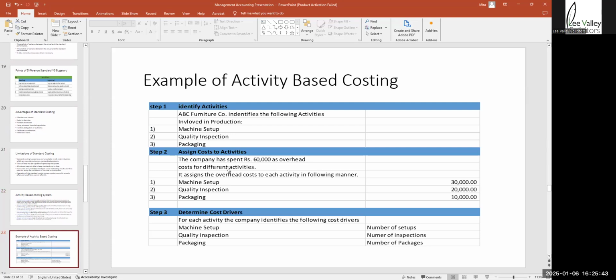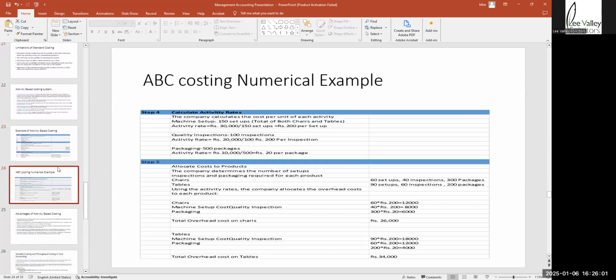Examples of activity-based costing are given below. Step 1, identify activities. Then step 2, assign cost to activities. And step 3, determine cost drivers. ABC costing numerical example is given as below, in which a company calculates the cost per unit of each activity.